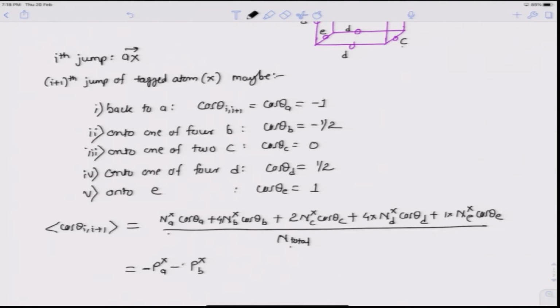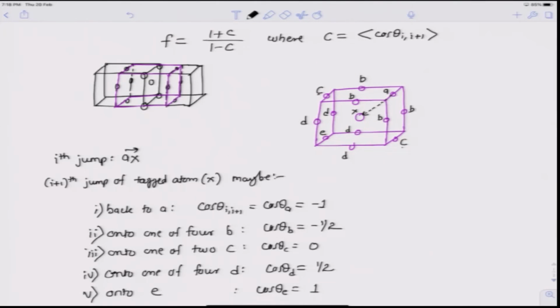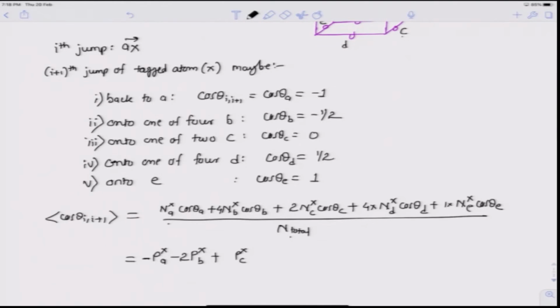So, this would be minus 2 P_xB, plus P_xC is the probability that X atom makes the i plus first jump to one of the C sites, and there are 2 such sites, but cos theta C is 0. And similarly, we can write for P_xD and P_xE, cos theta for D is half. So, this will be 2 P_xD plus P_xE.